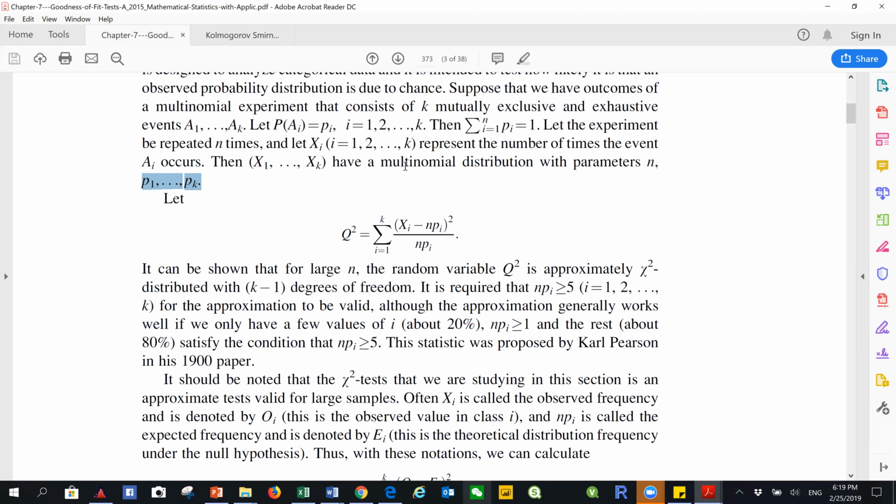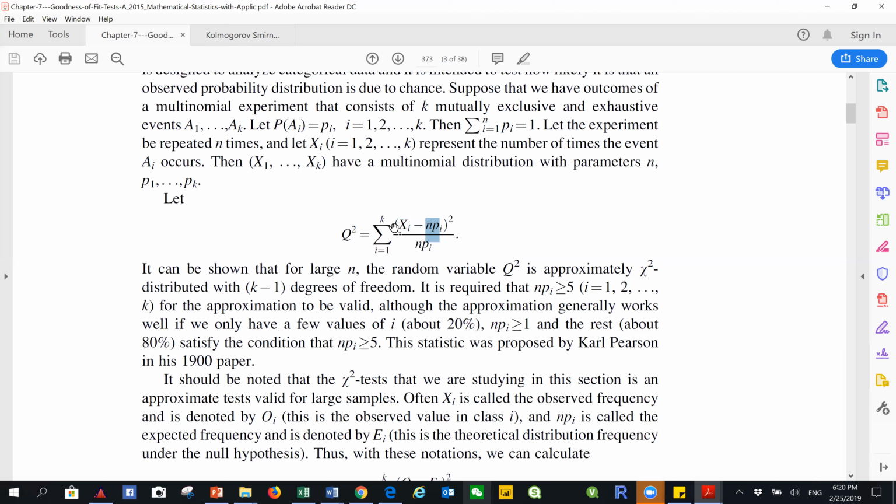So the point is that we compare empirical data, x1 to xk, with these n pi. So these two groups of paired values.